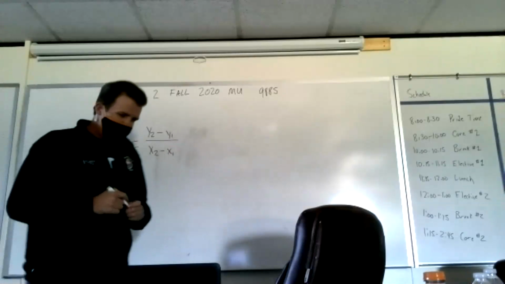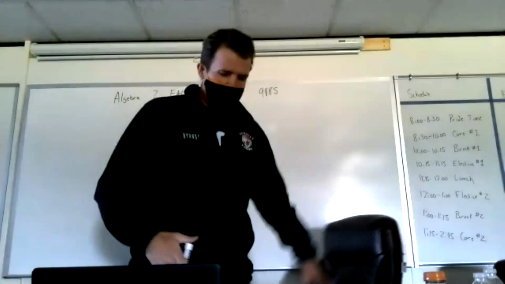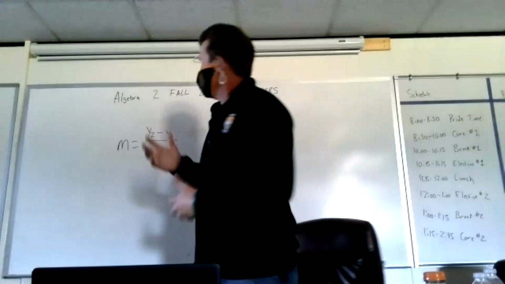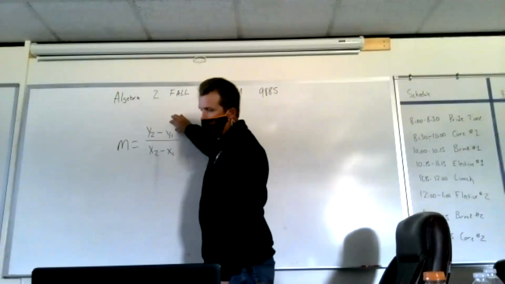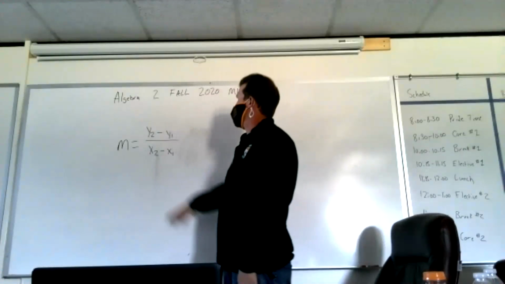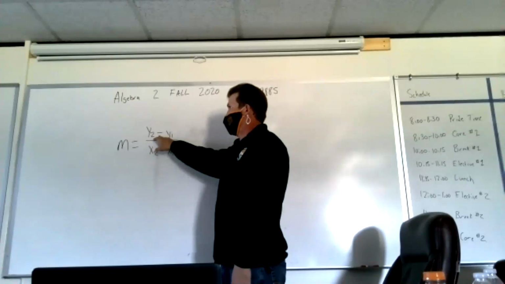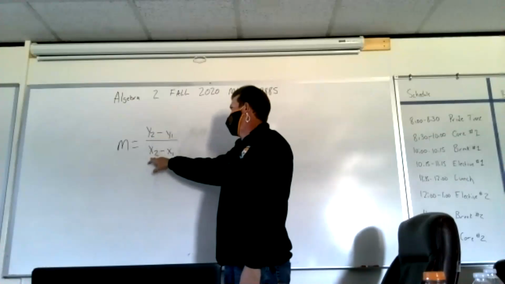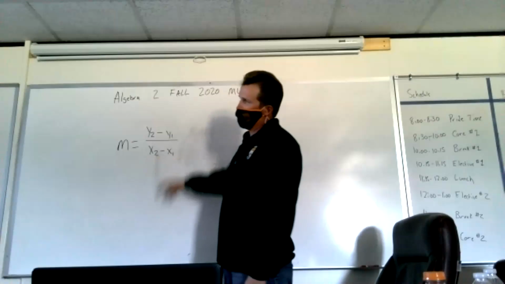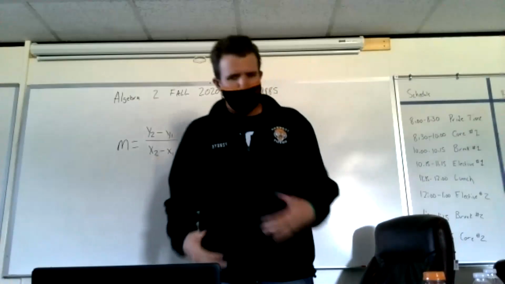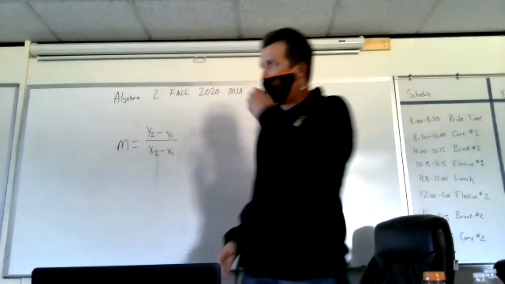To find our slope, we need to find the difference in y. So our second y variable minus our first y variable gives you the change in y. And then the change in x is taking your second x coordinate, subtracting the first x coordinate. It labels them x2 and x1.